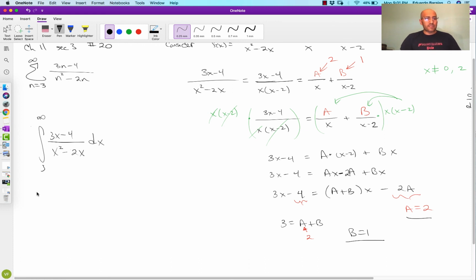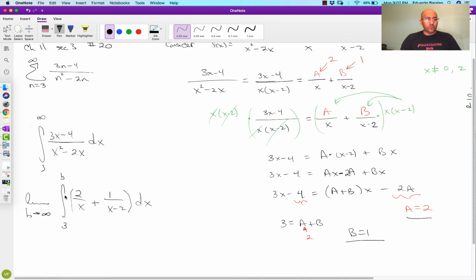Okay, so to deal with this guy, we're going to have to tweak this a little bit. This is equal to the limit as b goes to infinity of the integral from 3 to b of, and then this guy, well, we already know that it equals this. So we're going to separate this into 2 over x plus 1 over x minus 2 dx.